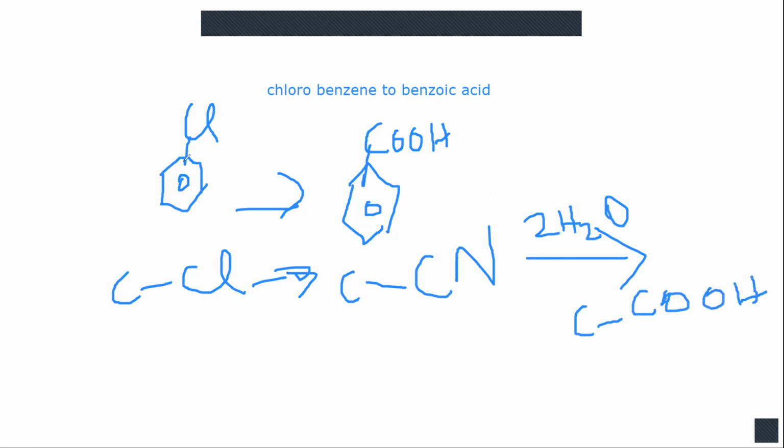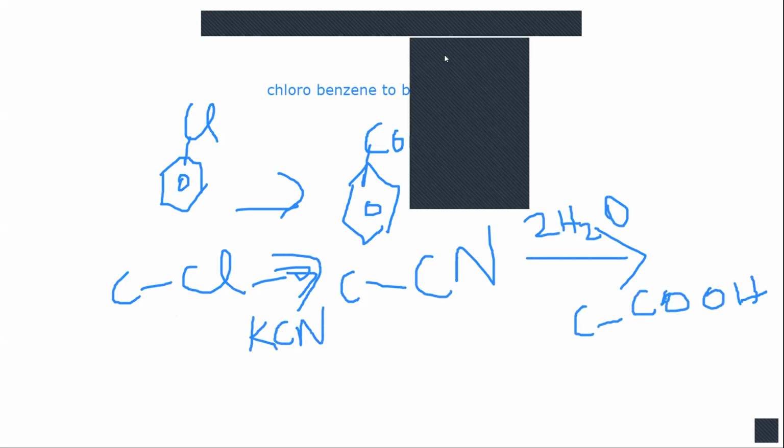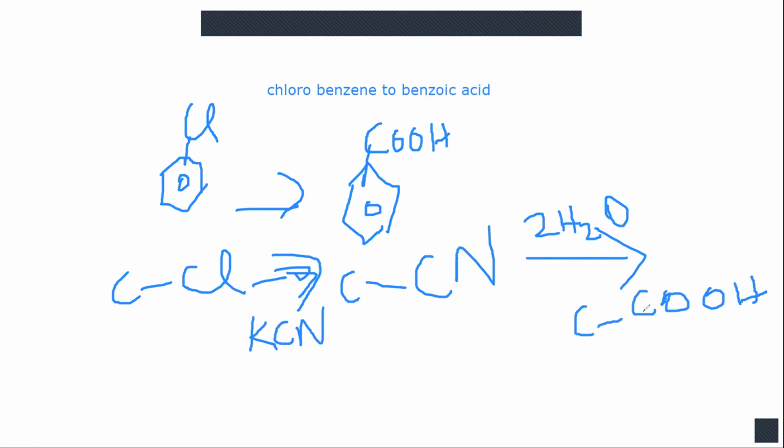The basic idea of this conversion is that the C-Cl bond can easily be converted into C-CN by adding KCN. Then hydrolysis: as discussed in the last video, wherever you have cyanide with 2 molecules of water, you will get acid.